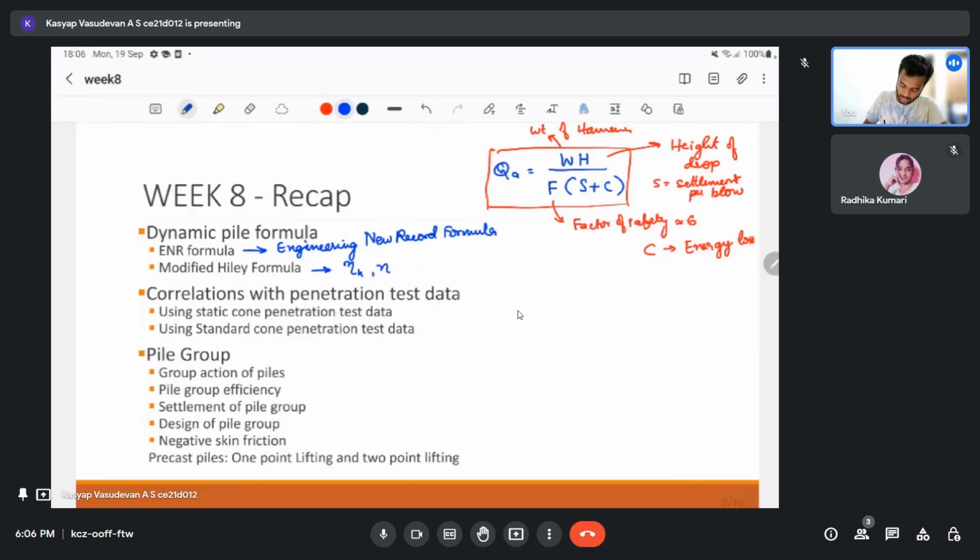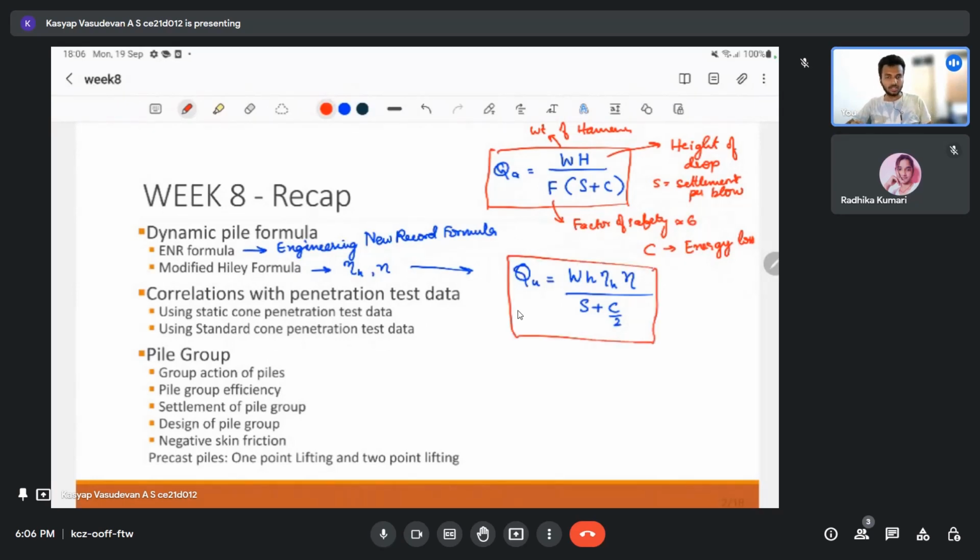The efficiency of the blow is the energy transfer. The formula looks like this: the ultimate capacity is directly given as weight of the hammer into height of drop, then efficiency of the hammer and efficiency of the blow, divided by S plus C by 2. Again, it's nothing but the same. Here the factor of safety is not there because we are directly getting the ultimate capacity of the pile. So the efficiency terms of the hammer as well as the blow are included.